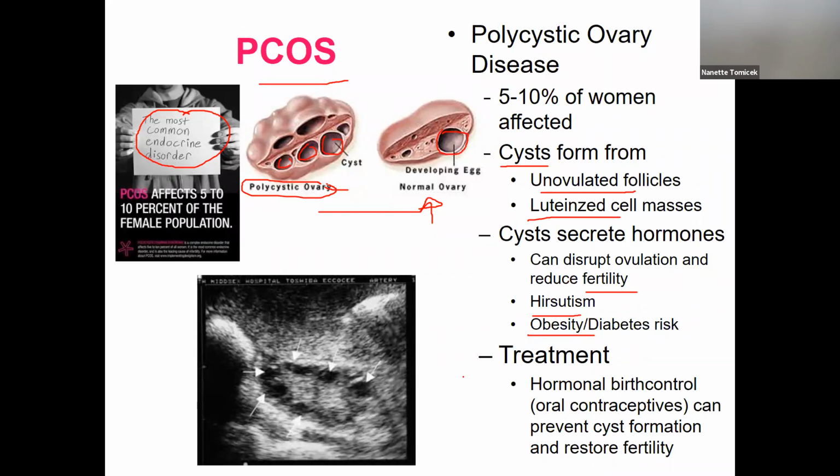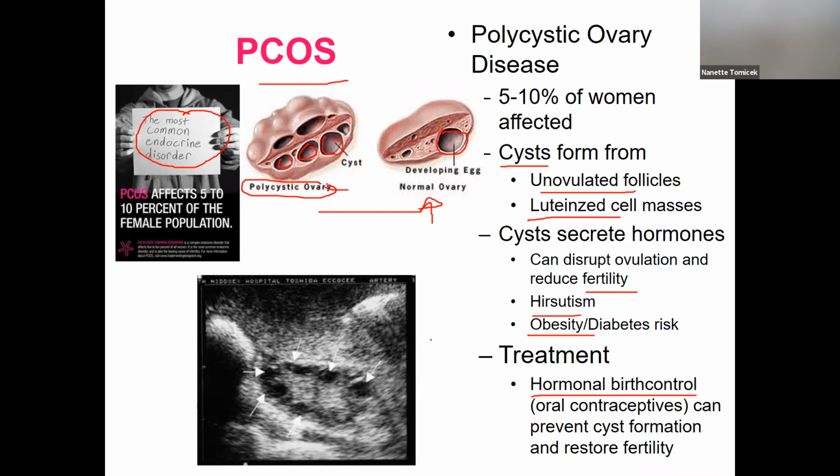And really the best thing that is on the market today for treatment is taking a hormonal birth control. This will override what the ovary is sending to the brain in terms of signals and in estrogens and progesterones.